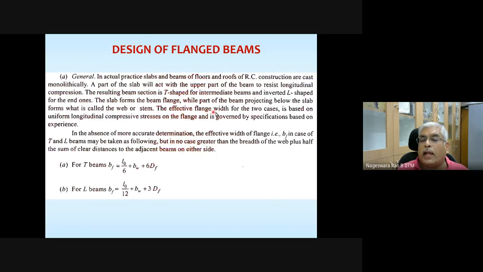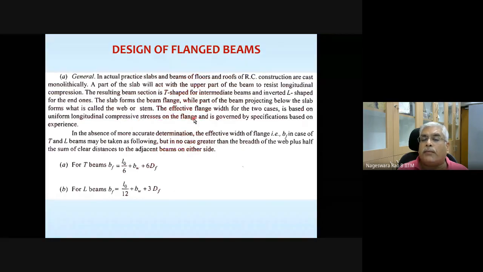The effective flange width for the two cases, the T-shaped as well as the inverted L-shaped, is based on uniform longitudinal compressive stresses on the flange and is governed by specifications based on experience. And the code is giving you some guidelines on what the width of the flange should be.